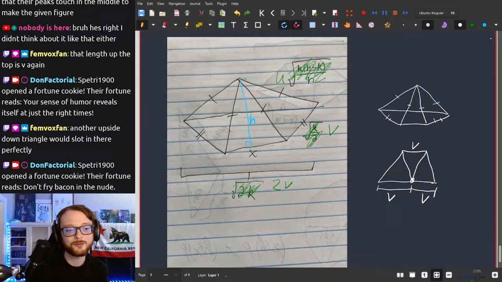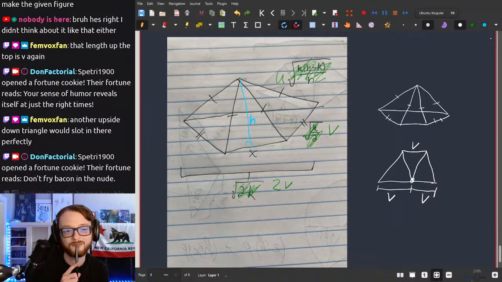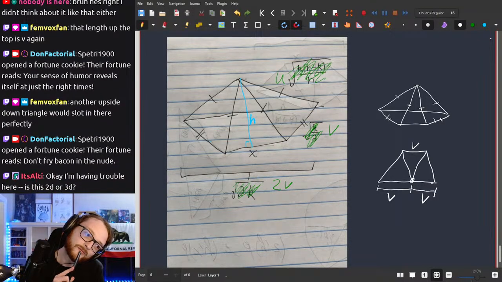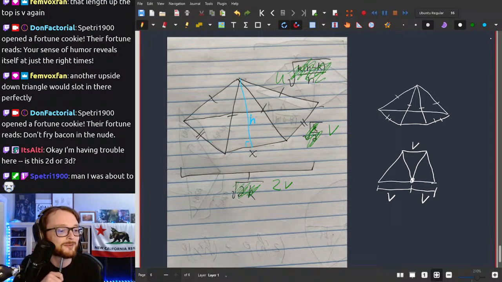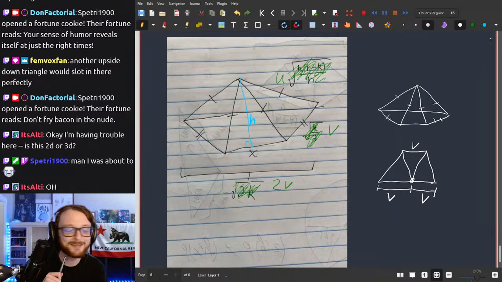Hey, wait, you know what? Does this construction work? It's 2D. So wait, don't these have to start farther apart?